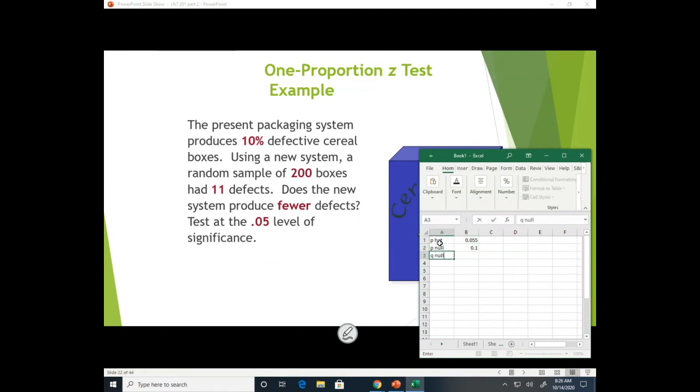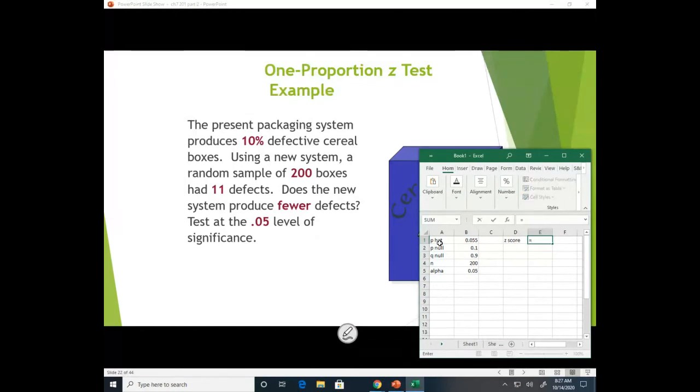Our q null is going to be equal to 1 minus p null. Sample size of 200, and our alpha is 0.05.